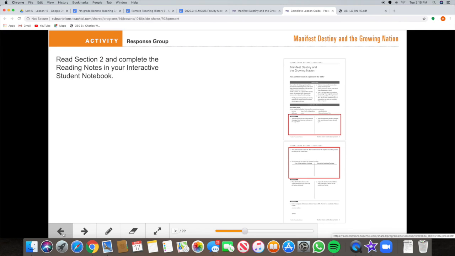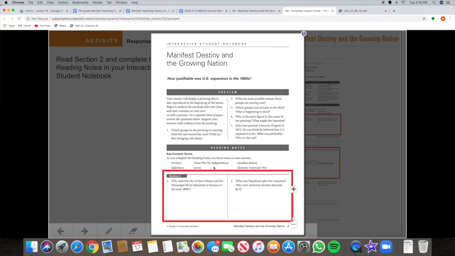That depends on your book, as always, but the title is the Louisiana Territory. In my book, it's 15.2, the Louisiana Territory, on page 280. It goes on to 281, so 2 pages. I need you to read that and then go to your interactive notebook and answer the questions to section 1.